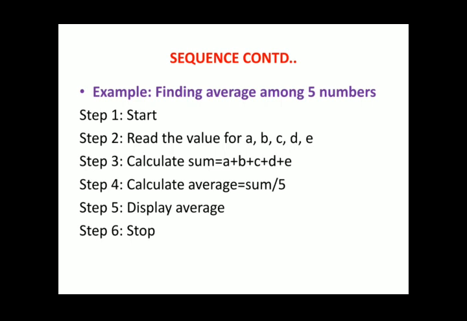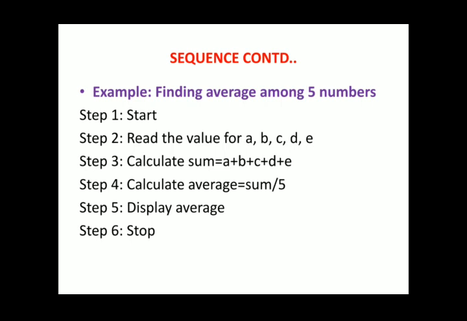Now to divide the sum value by 5, simply the logic sum by 5 is used. That is, we will get the quotient value, and the answer is assigned to the variable average in step 4. In step 5, the answer stored in the variable average is displayed as the output. In order to terminate the algorithm, the word stop is used.